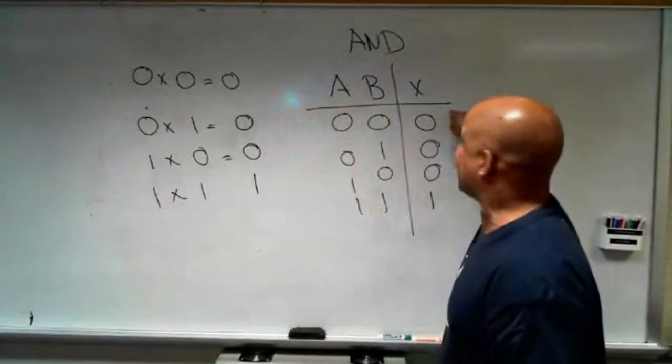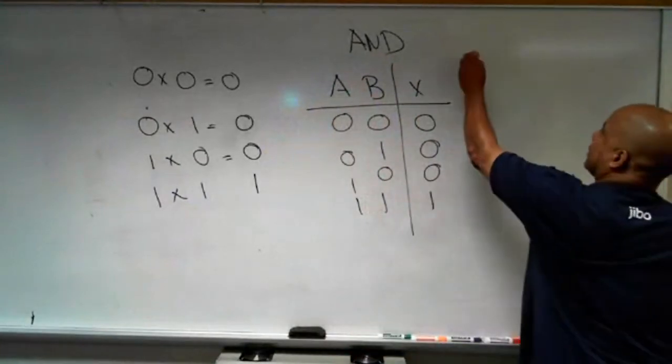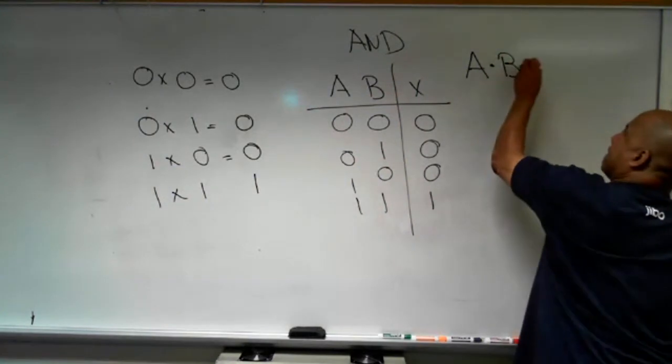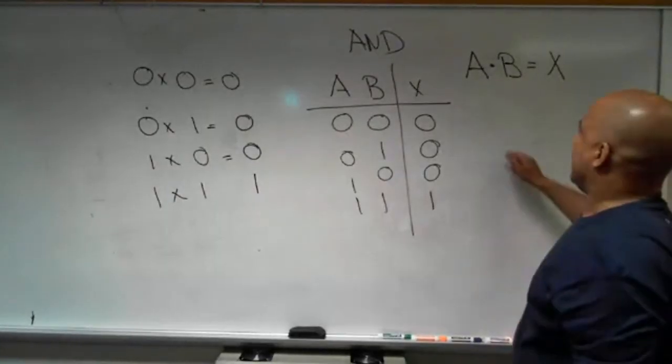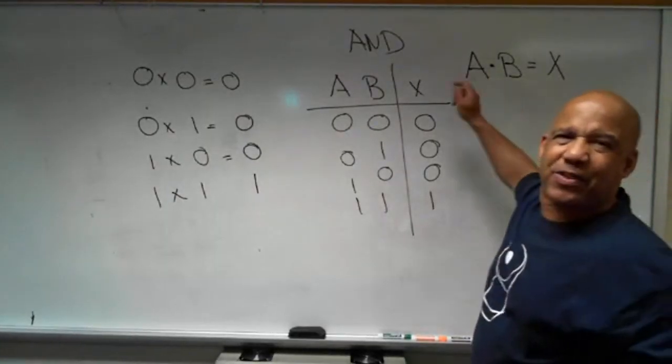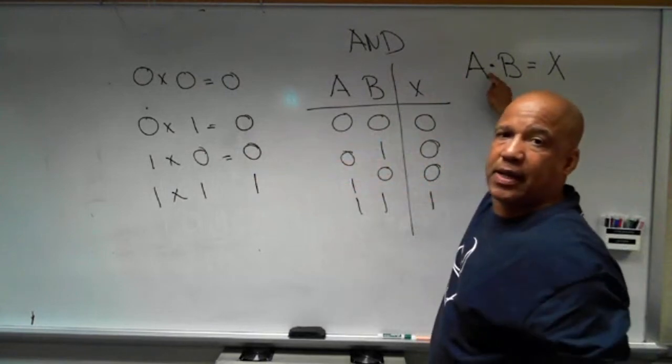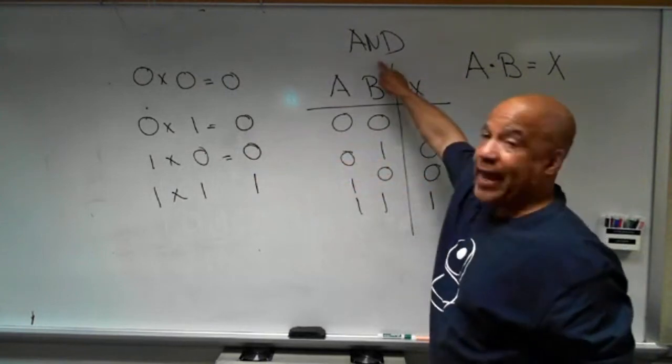And mathematically, this table right here is this. This is A. Now in your mind, you're thinking dot, but this is A. The dot operator here in Boolean algebra represents AND.